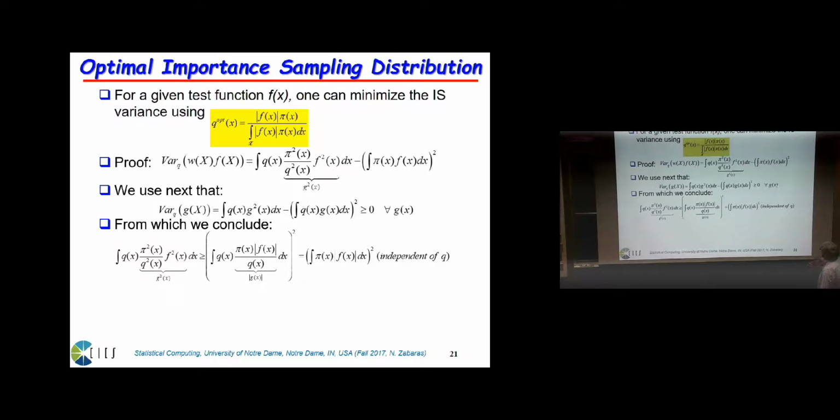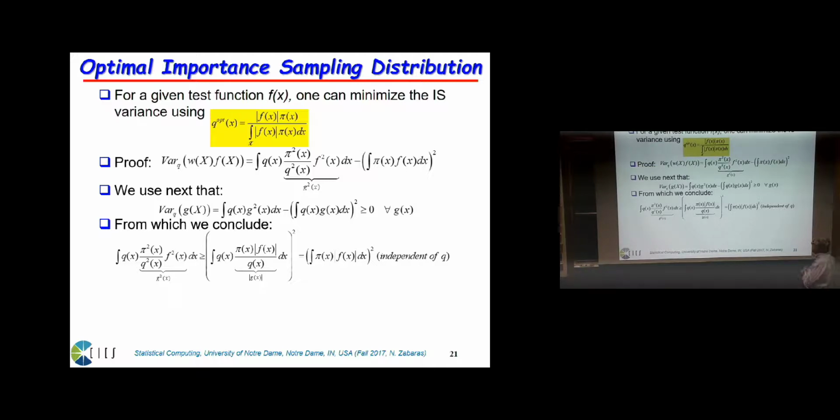This is the general result, right? So I plug in for g, pi over q times the absolute value of f. So I have this part of the equation greater or equal to this. I take expectations here; it doesn't matter actually. How do I go from g to pi times absolute value of f?